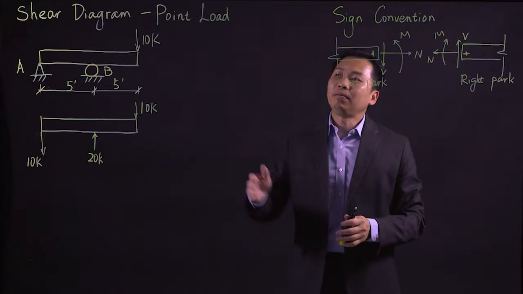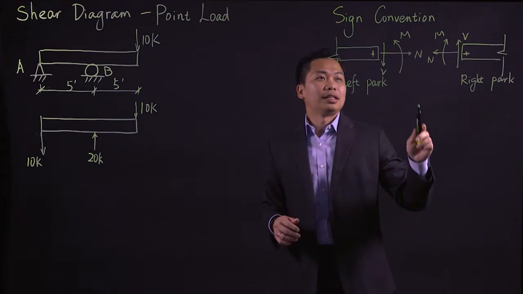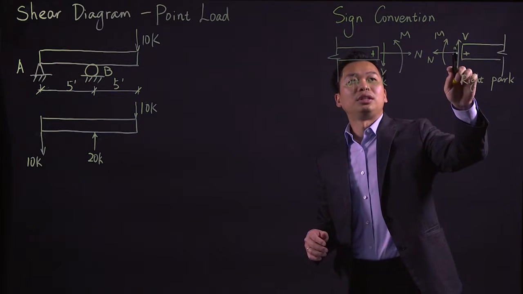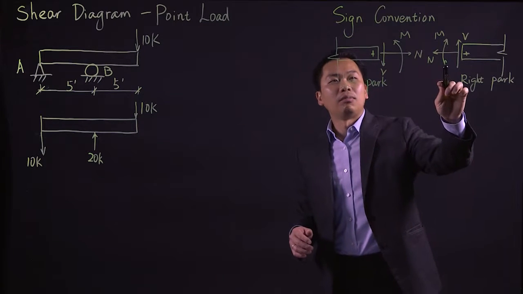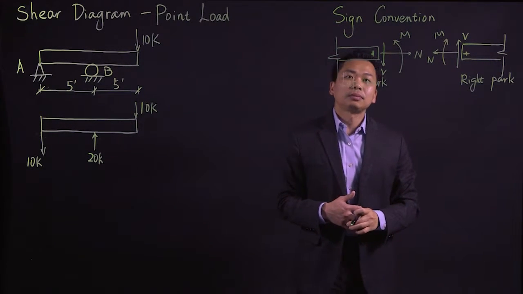If you cut it and take it out from the right-hand side, here is the positive direction: the shear going upward, the axial force pointing outward, and the moment being clockwise.